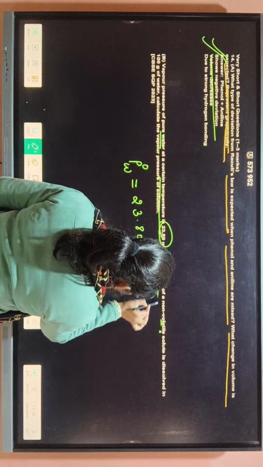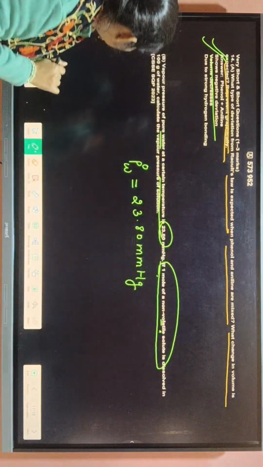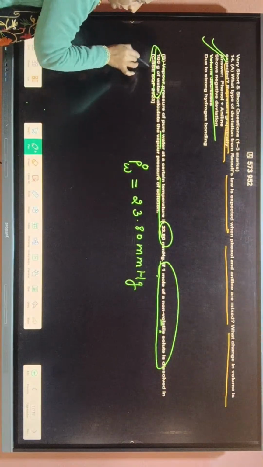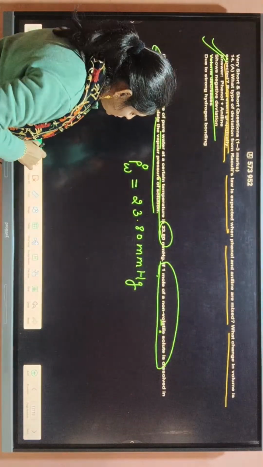If 1 mole of non-volatile solute is added in 100 gram of water, calculate the vapor pressure of the solution. I hope this question is clear to all students.